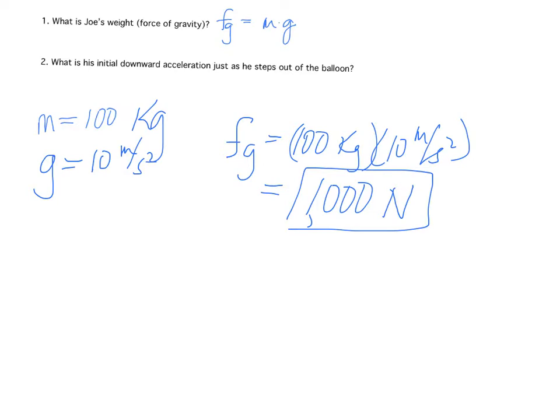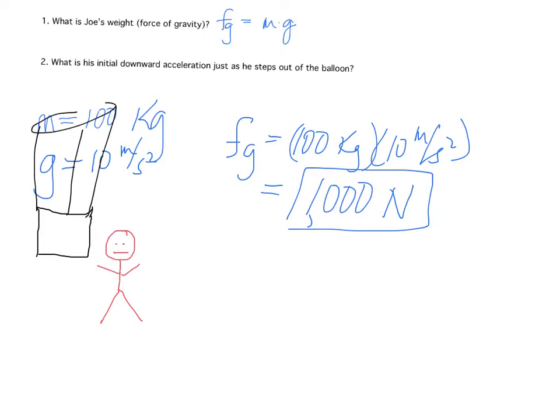So if we just draw all the forces that are acting on Joe Skydiver, and he looks a little afraid because he just stepped out of a hot air balloon, and he's going to fall. Here's the hot air balloon basket with the strings going up. So there's the balloon.